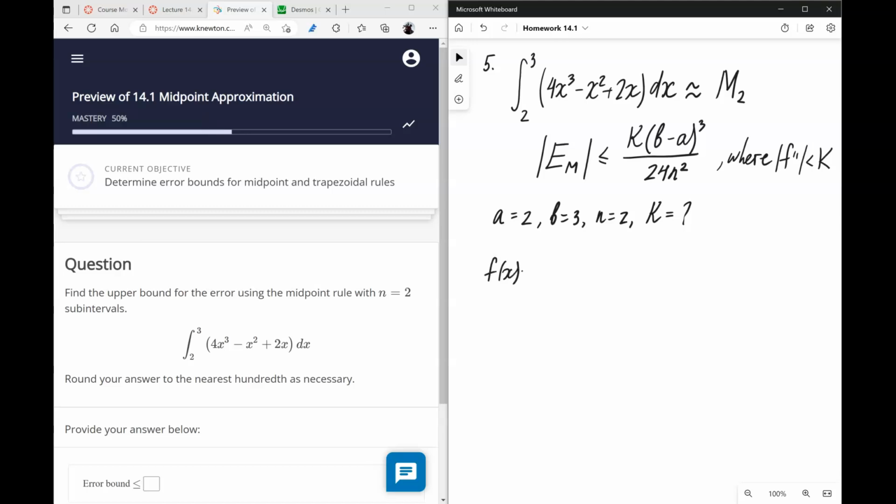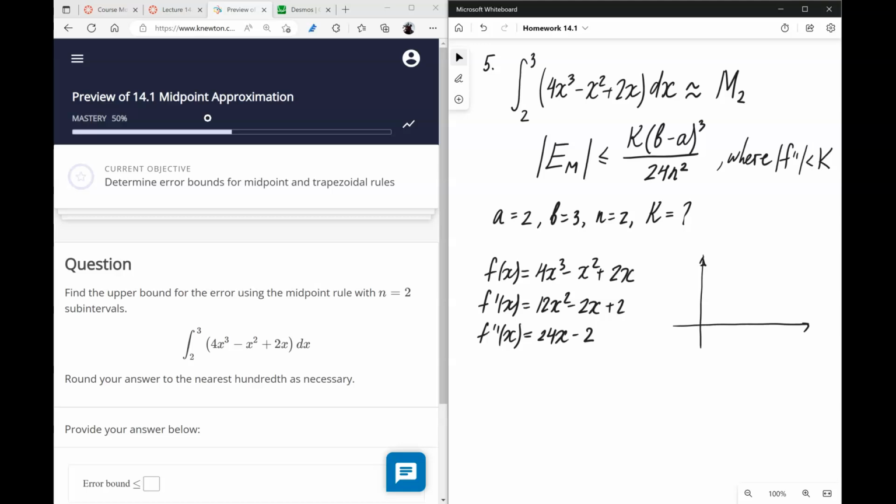So for example, in this case, f of x is equal to 4x cubed minus x squared plus 2x, then f prime of x is equal to 12x squared minus 2x plus 2, and the second derivative will be 24x minus 2, and 24x minus 2 is a linear function, meaning it increases on the entire interval from 2 to 3, so its maximum value will be obtained at 3. So plugging in 3, we get 70.